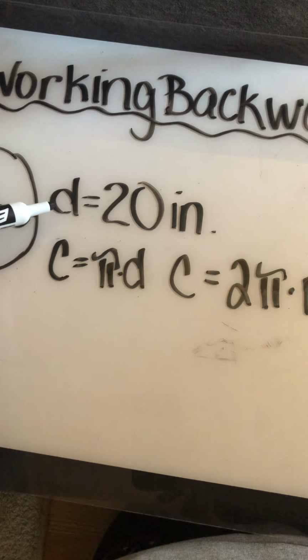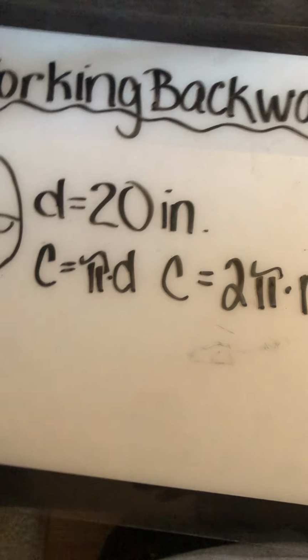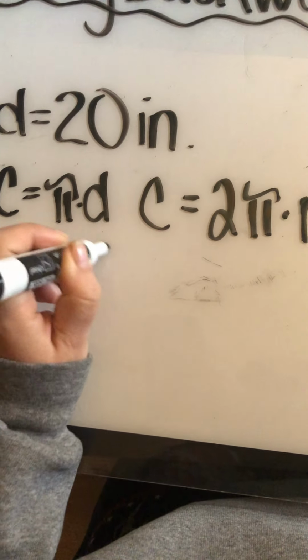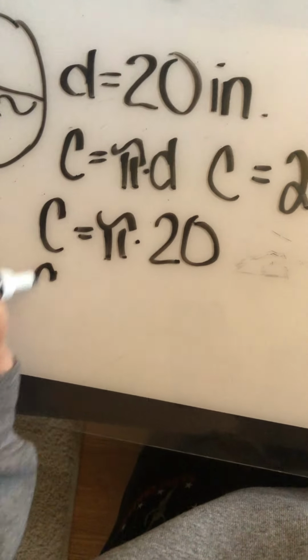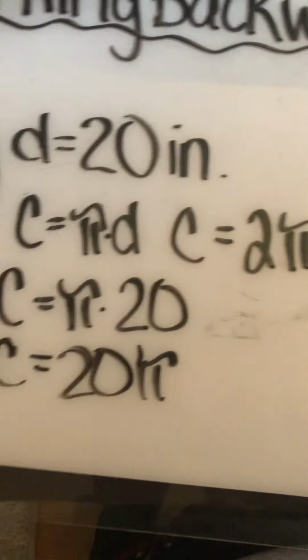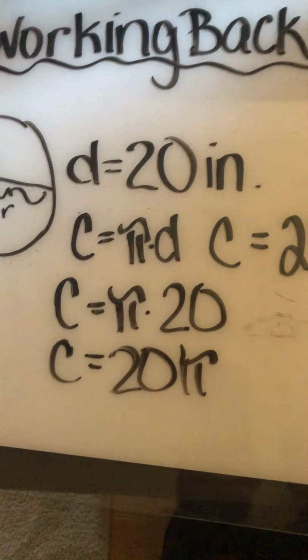So since we're given a diameter, let's use the diameter formula. So this would be C equals pi times 20. I usually rewrite that as 20 pi. That would be our answer in terms of pi.